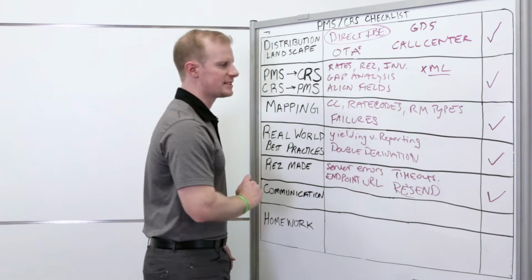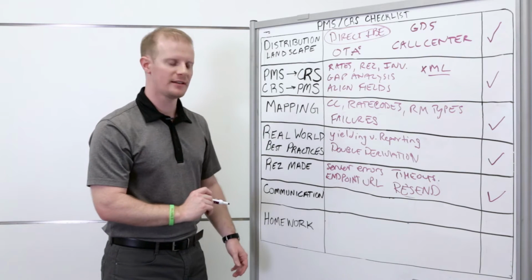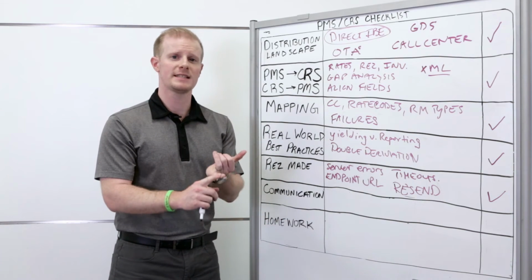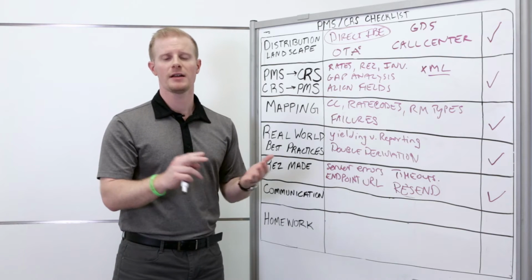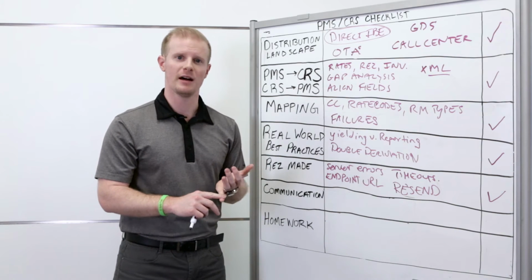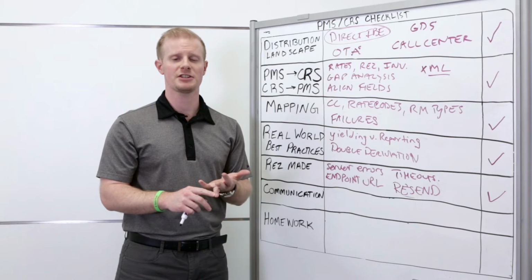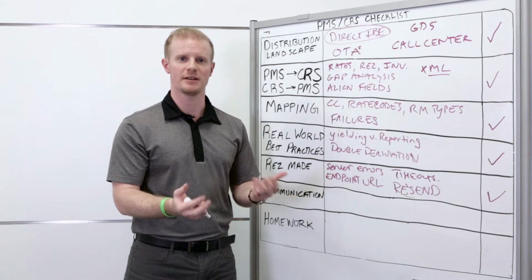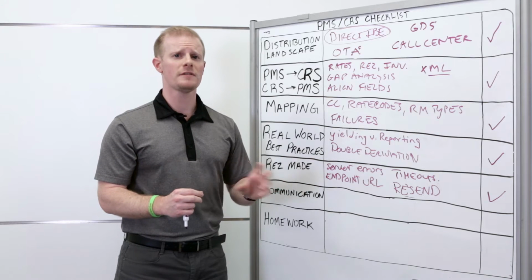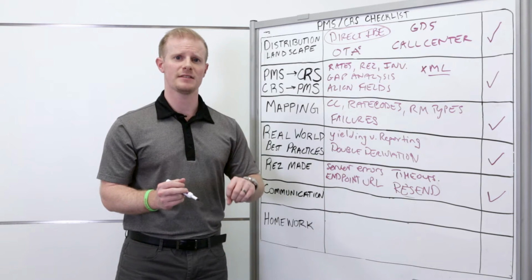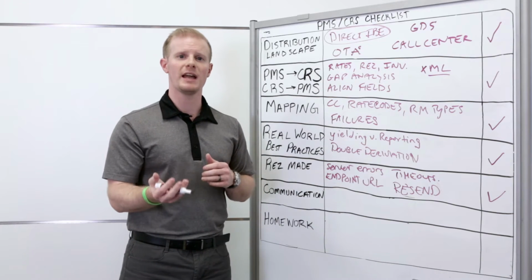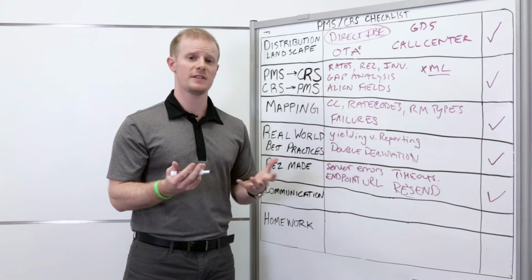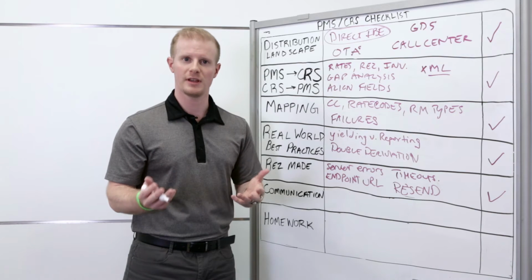So now you've received your reservation successfully, and hopefully you are communicating with your guest pre-stay, before they arrive. They should be getting a confirmation email. If they change their stay, a modification email, and unfortunately if they cancel, hopefully you can send them a cancellation email as well. All of this functionality does exist in the CRS, but you may use an outside email service that integrates into your systems. So if this is the best practice that works for you, then great.